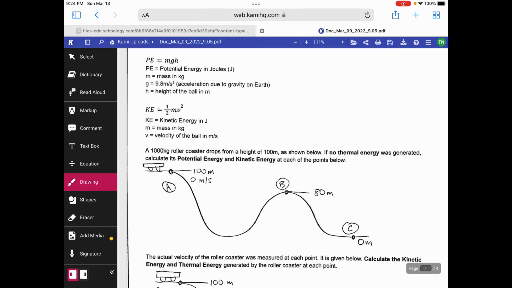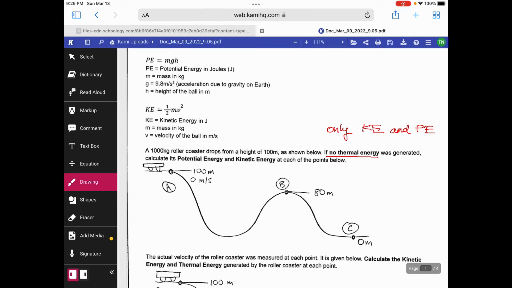In this problem, the problem says that no thermal energy was generated. So in this situation, we only have kinetic energy and potential energy. There's no thermal energy that's being generated by friction.